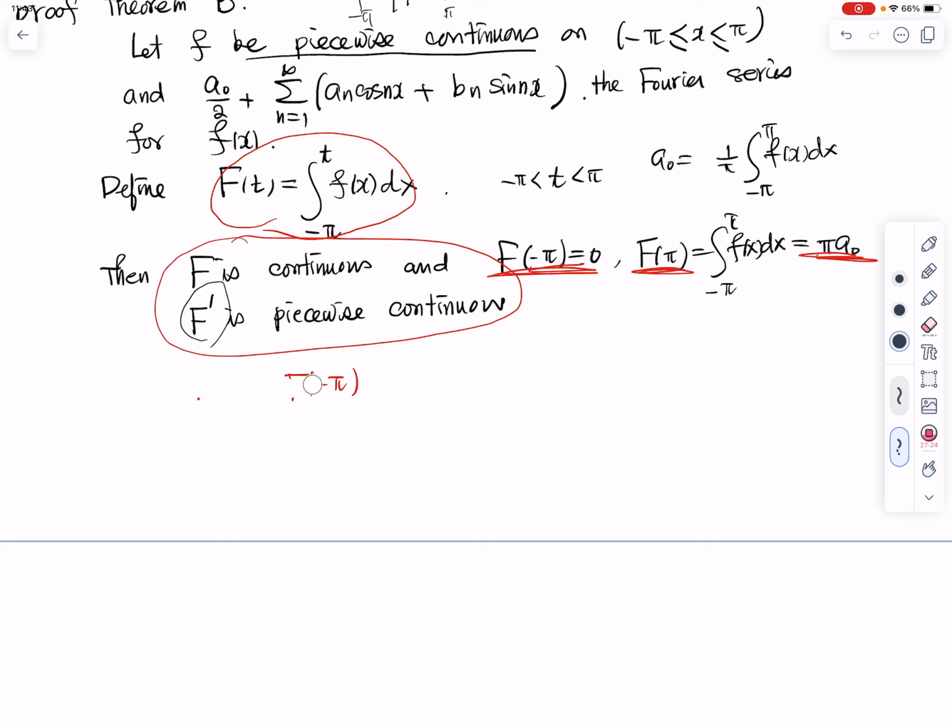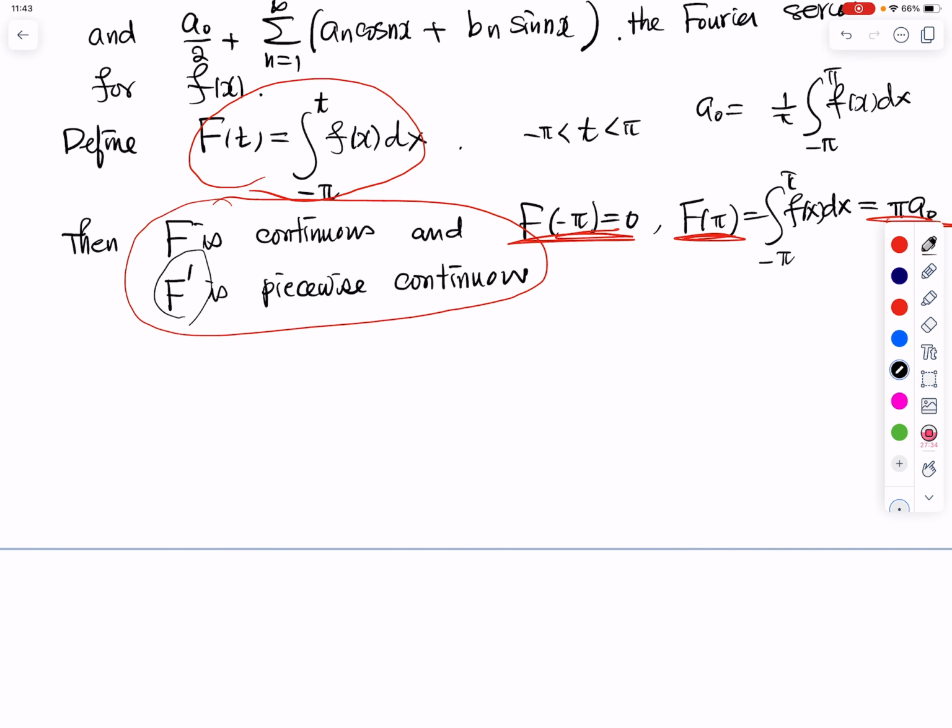Okay, so what I can do is replace F. So now we define F tilde of t to be the integral from minus pi to t of f of x dx, and then I put minus a0 x.